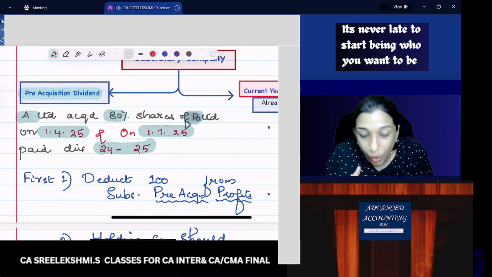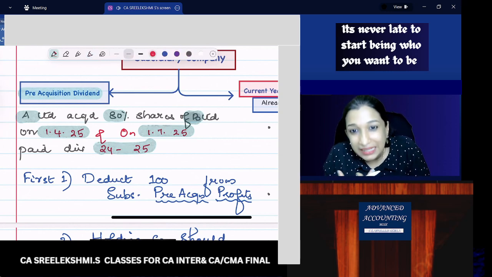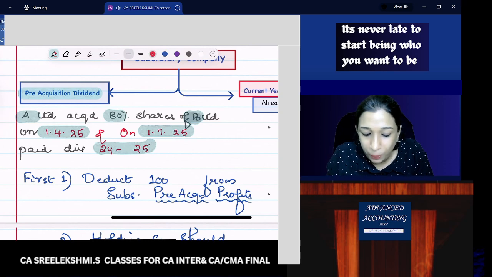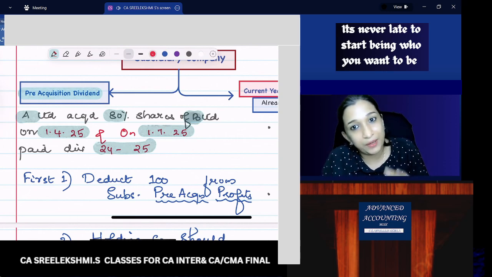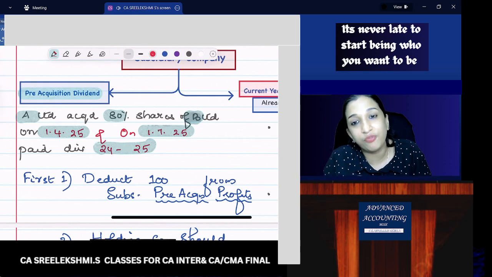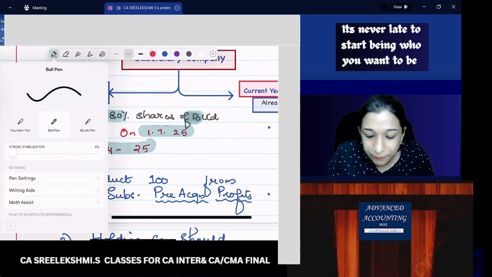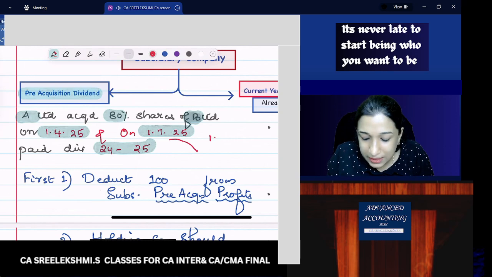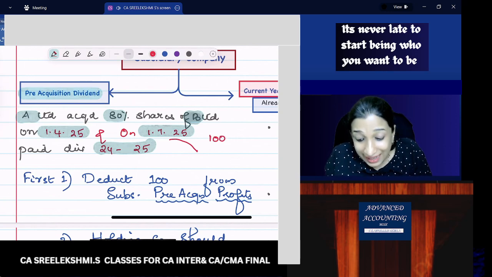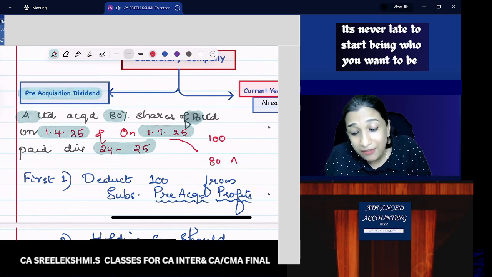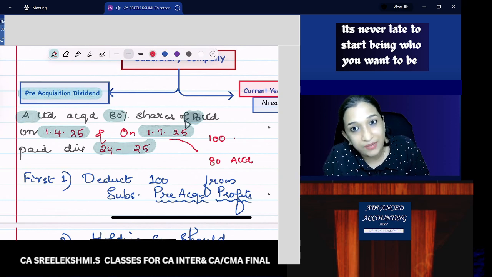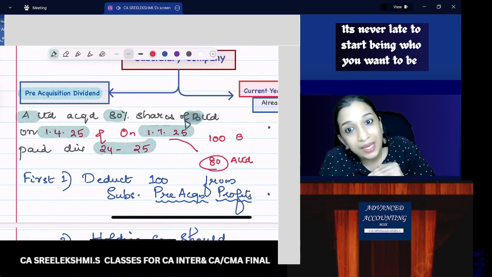So the holding company, subsidiary company relationship came into the picture only on 1st April 2025. On 1st July, the subsidiary paid a dividend for the previous year. Naturally, if 100 rupees is the dividend declared by B, 80 will be received by A Limited.